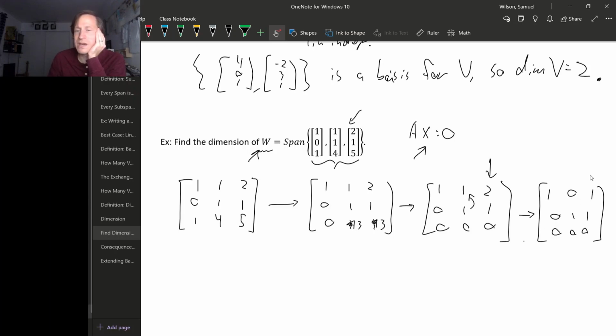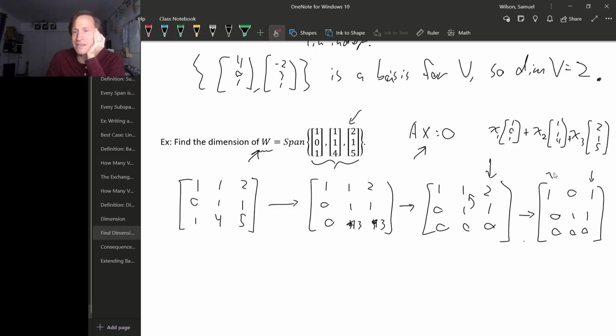Okay, so because there's a free variable in this third column, if we assembled our linear combination of vectors like this, x1 times (1, 0, 1), x2 times (1, 1, 4), plus x3 times (2, 1, 5), right?